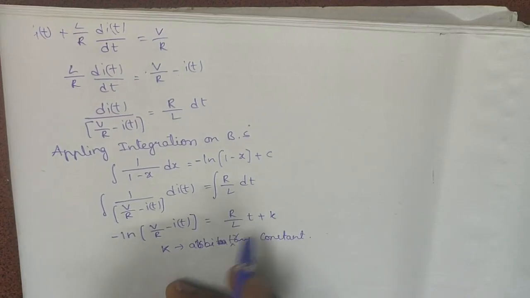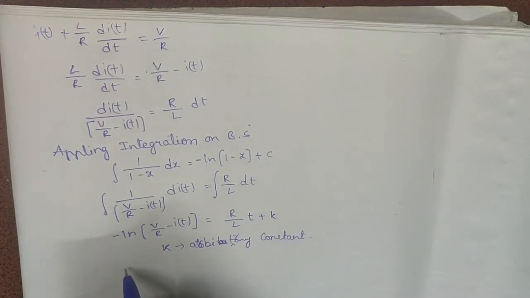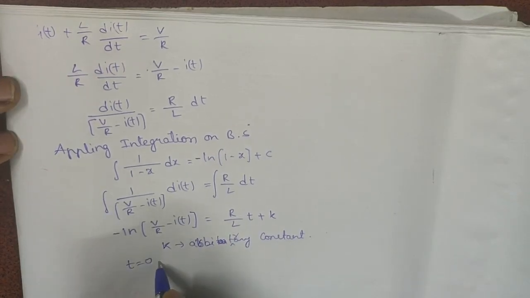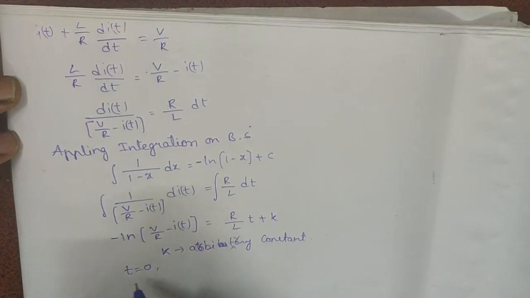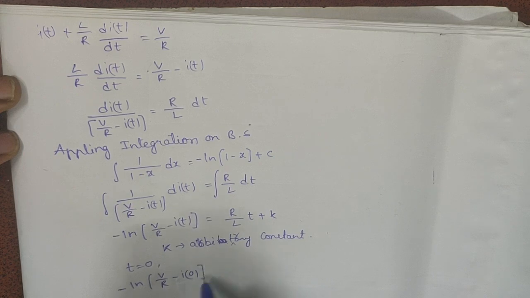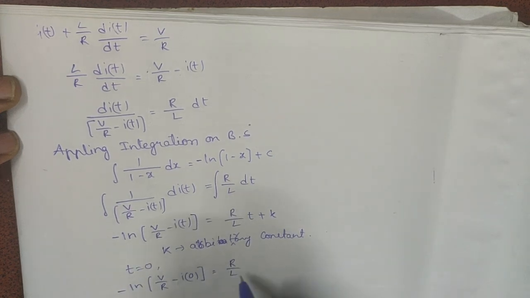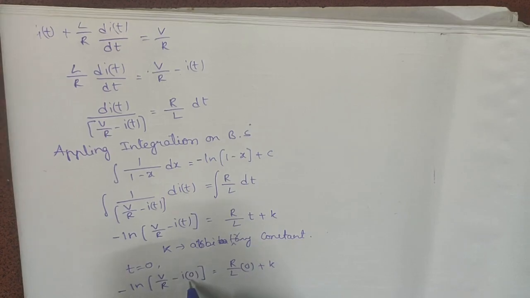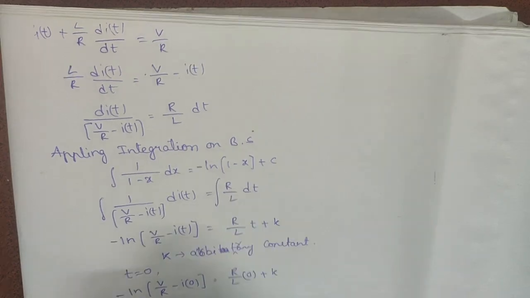Now to find the value of K, let's take at the instant t is equal to 0. So at t is equal to 0, minus ln of V by R minus I of 0 is equal to R by L of 0 plus K. We considered that initially the switch is closed at t is equal to 0, so before that I of 0 will be 0 itself.